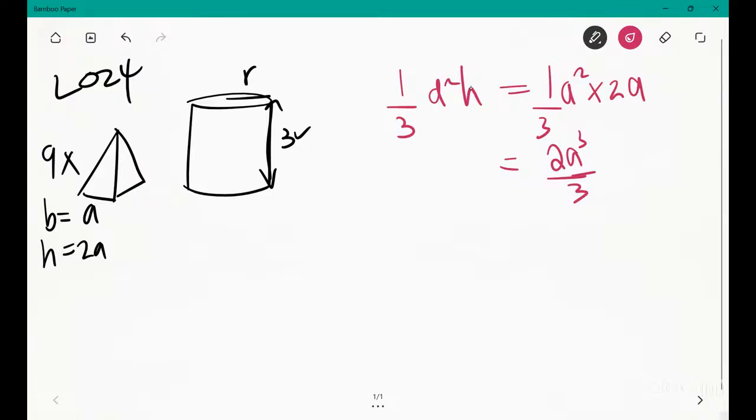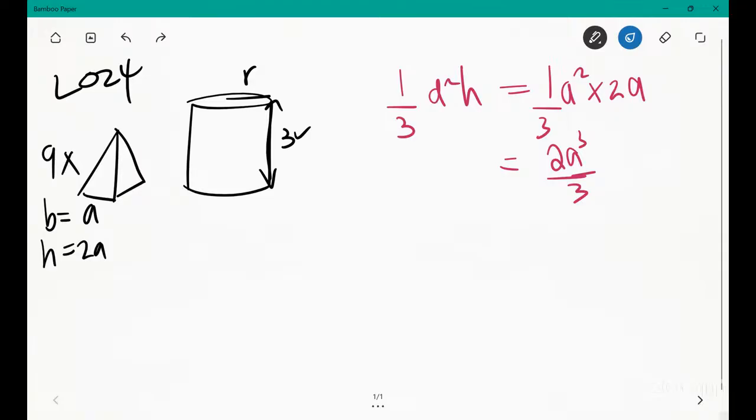Did everyone understand how I got this? I'm hoping everyone understood. So that we found using the volume of the pyramid.